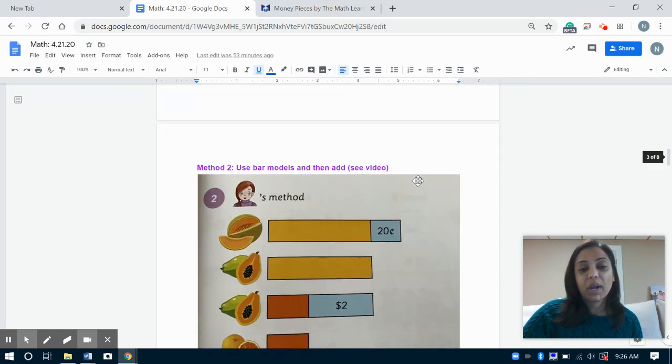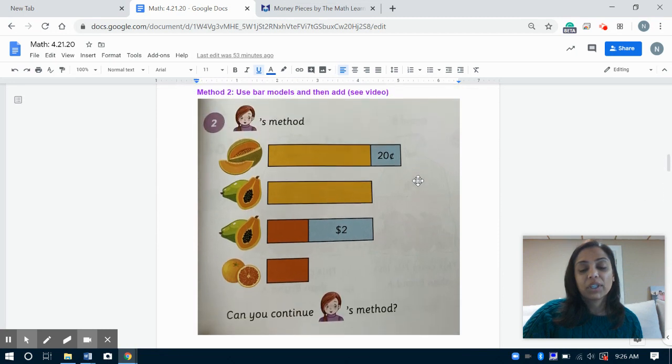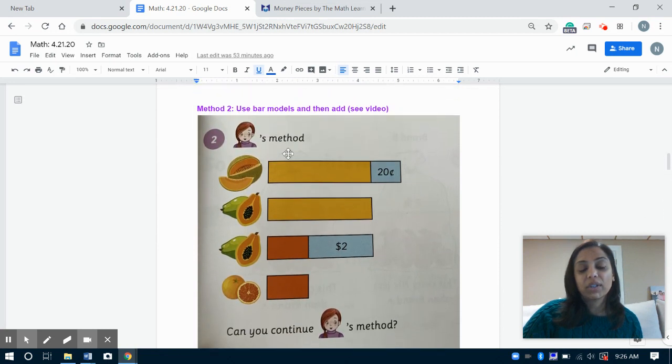Another way to solve the problem, our friend here, what she did was she said another way you could do it is just basically use the $3.29 bar for the papaya, show it for the cantaloupe. Again, it's 20 cents more, right? And then show the same thing that we just did with the grapefruit, showing us that it's $2 less.